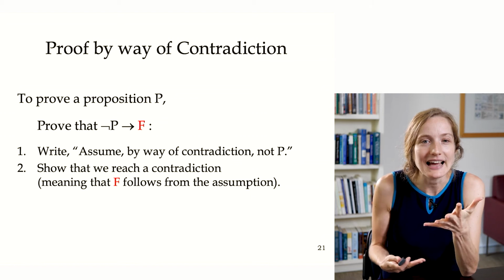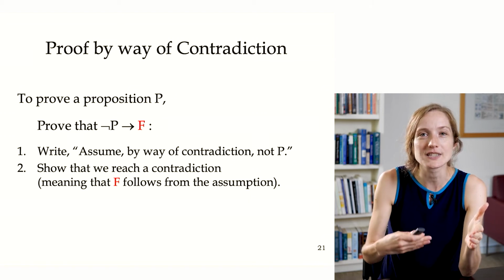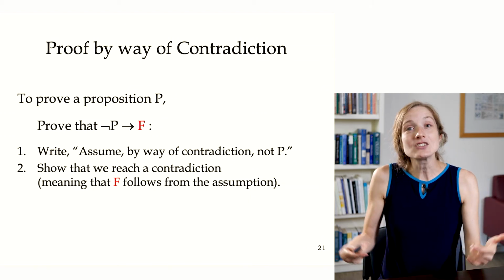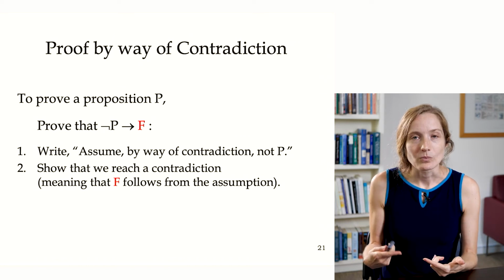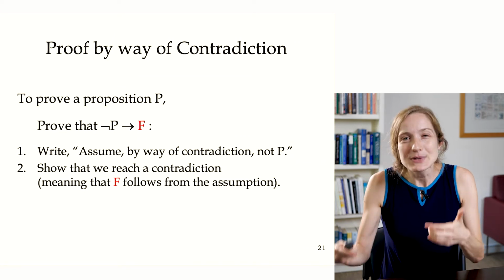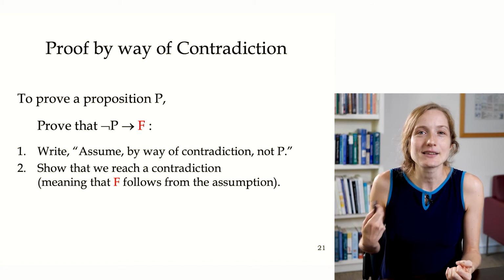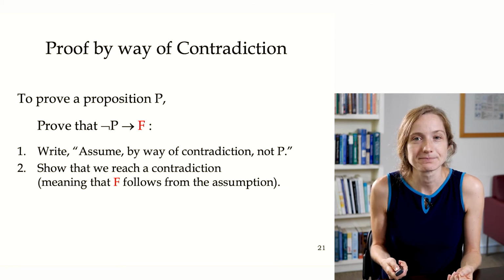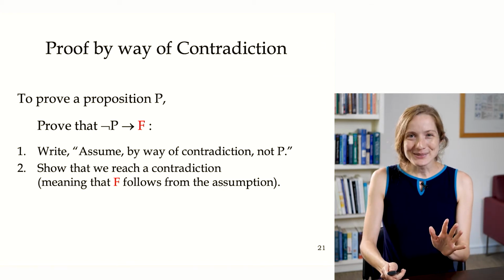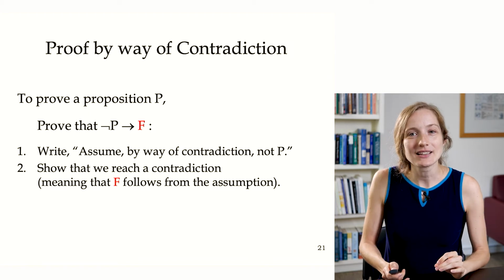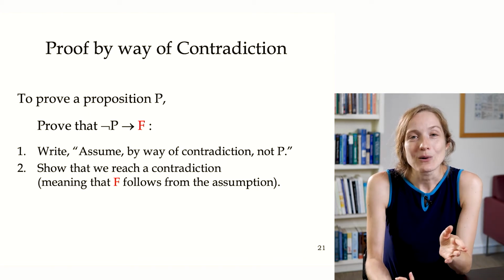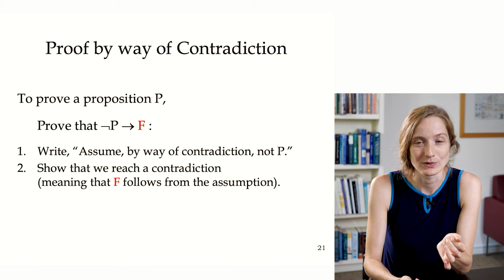I need to find a contradiction, because once I have a contradiction, that means false follows from this. This looks a little strange, I imagine, and I think it can be very helpful to go through and see some examples.